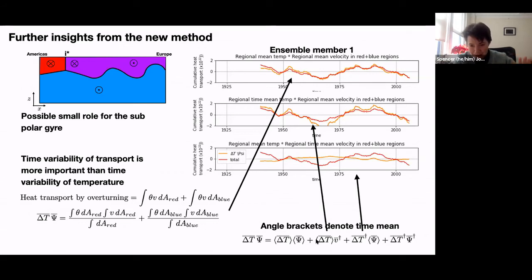There's no time variation. This is the time mean temperature difference times the varying overturning. And you can see that this really is what's driving the variability. So the orange line is this, and then the red line is sort of the total. And then I've just plotted the opposite, the time varying temperature difference times the mean transport.